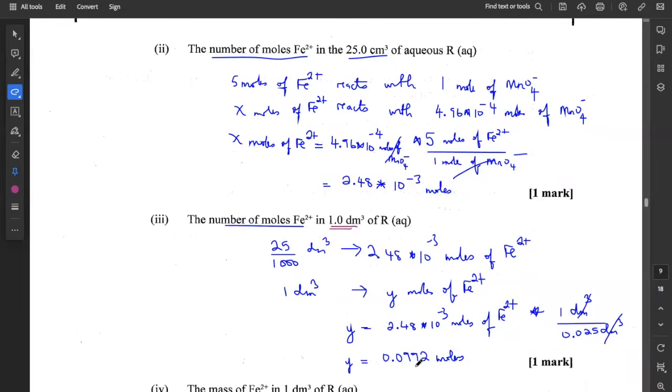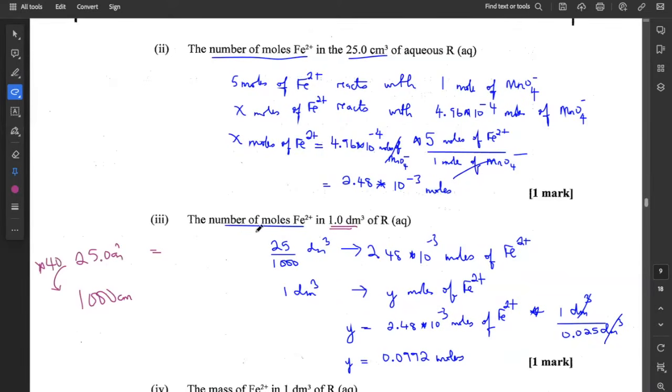So this is the amount that we had in 25 cm cube. This is the amount that we have in 1 dm cube, which is effectively 1,000 cm cube, right? So we could actually look at it this way. If we had 25 cm cube up here, that's what this answer was for, and we're going to 1,000 cm cube, which is the same as 1 dm cube, effectively then we would have multiplied here by 40, right?